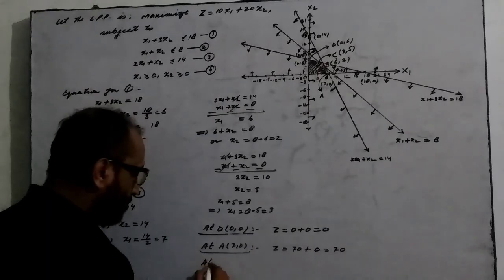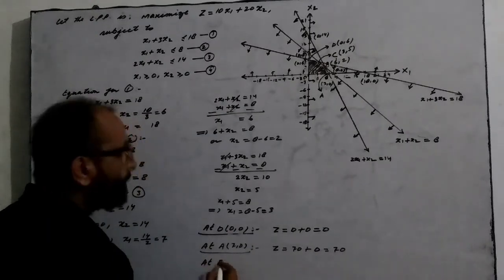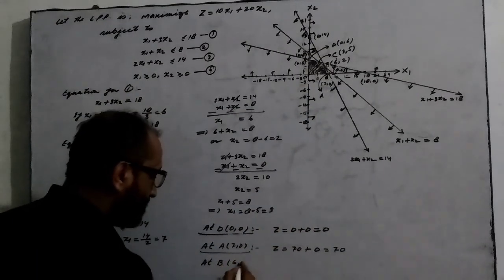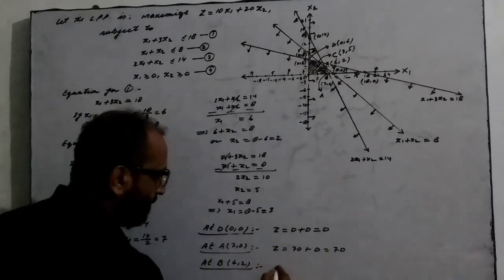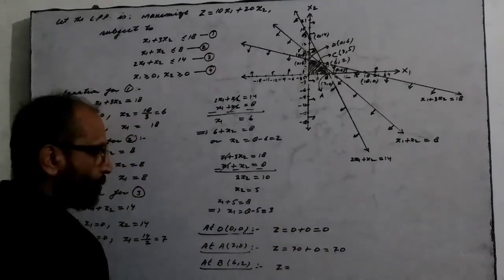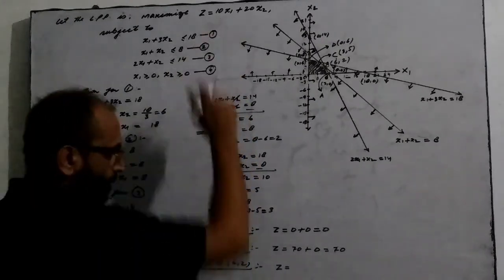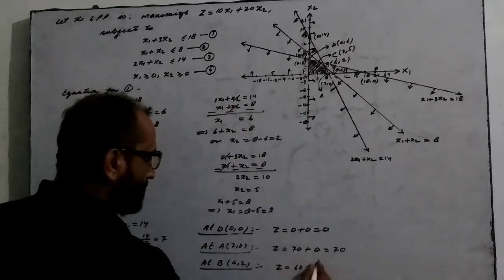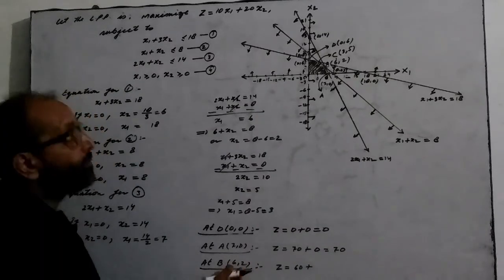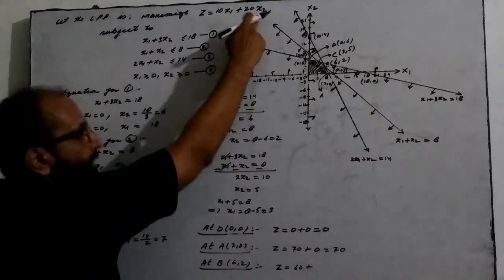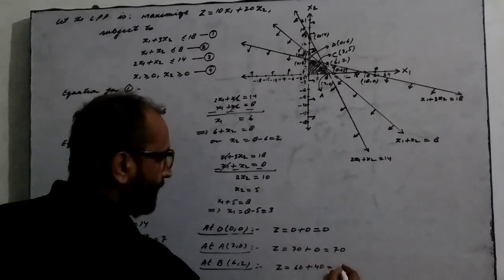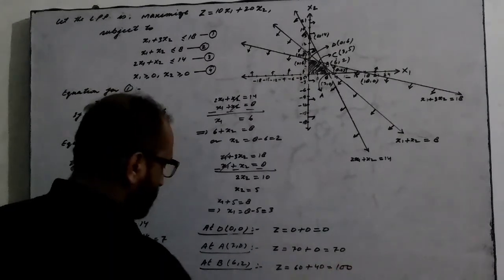Now the next corner point is B, whose coordinates are 6, 2. Now we substitute x1 is equal to 6 in this equation. We have 10 into 6, 60, plus x2 is equal to 2 in this, so 20 into 2, 40. That is 60 plus 40 is equal to 100.